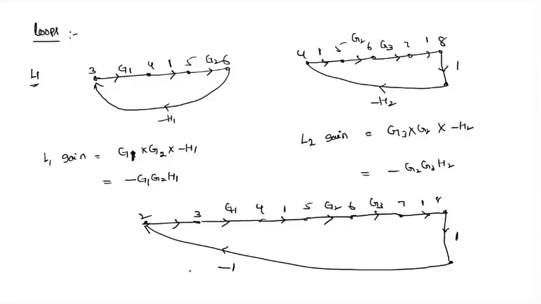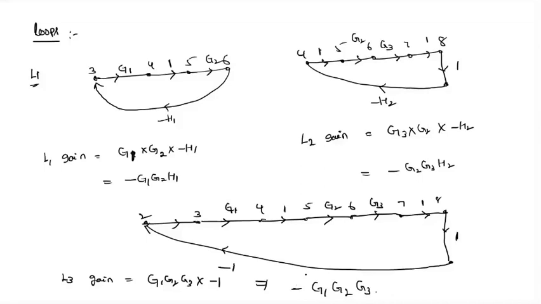So this is one loop, the loop 3. The gain of loop 3 can be written by multiplying all the things: G1, G2, G3 into minus 1. Finally we will get minus G1 G2 G3. So this is the loop 3 gain.